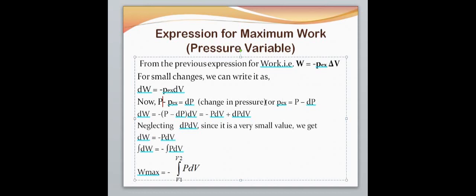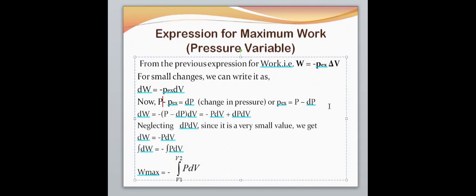Or in other words, I can rearrange this equation like this: P expansion is equal to capital P minus dP. Now capital P is the initial pressure, which is there initially. Now P expansion is when the gas is expanded. That time, whatever the pressure is, it's called Pex, that is ex.